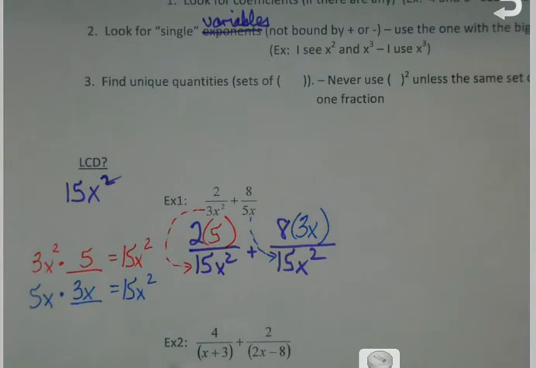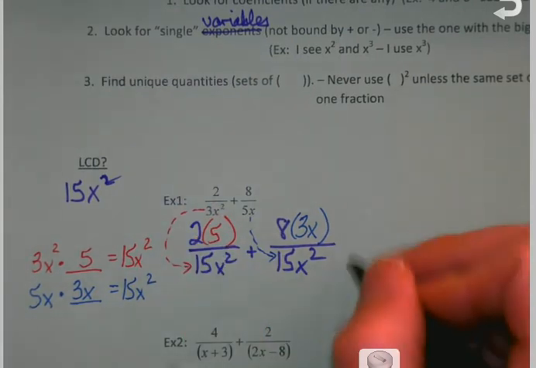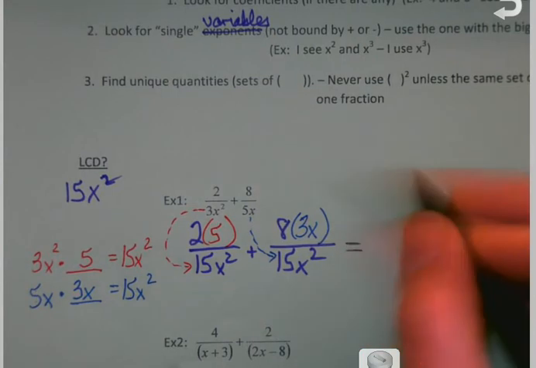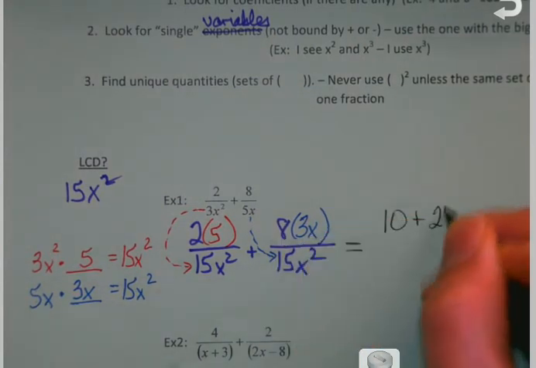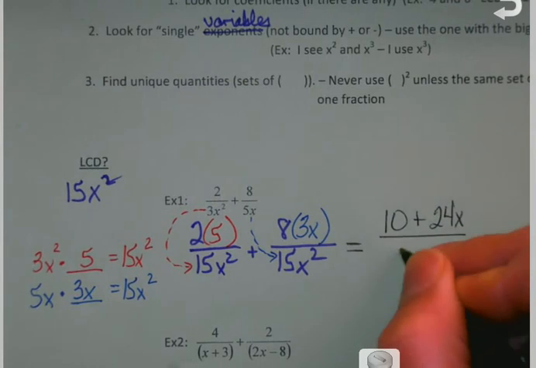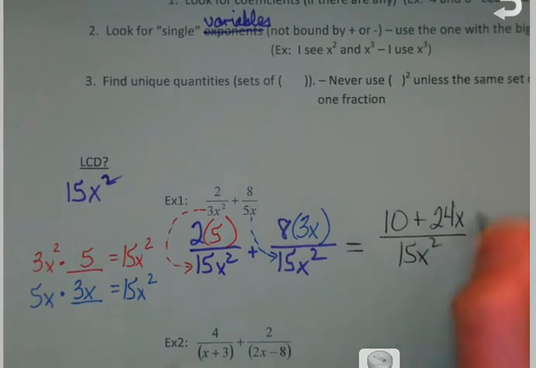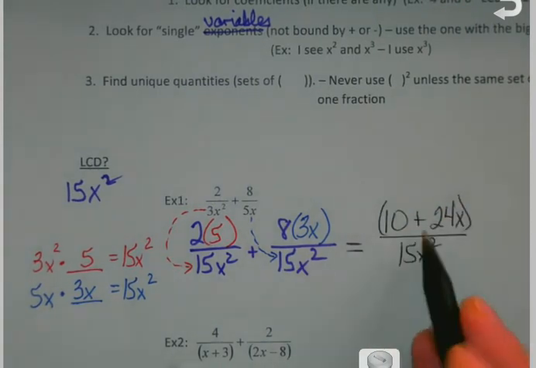Now, if you're more comfortable doing the side work to see how that works and then building it, that's great. If you can visually do it, that's super too. And then we just simplify it. So I look, 2 times 5 is 10. 8 times 3x is 24x. And I keep my parentheses because there's a plus here now.